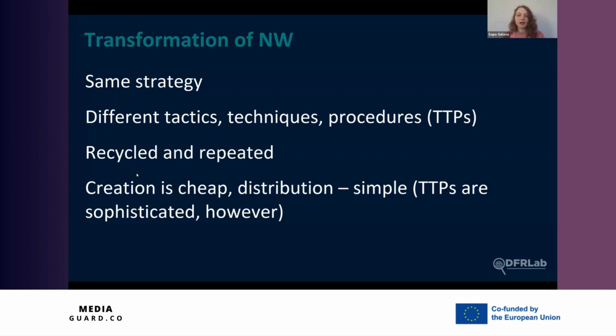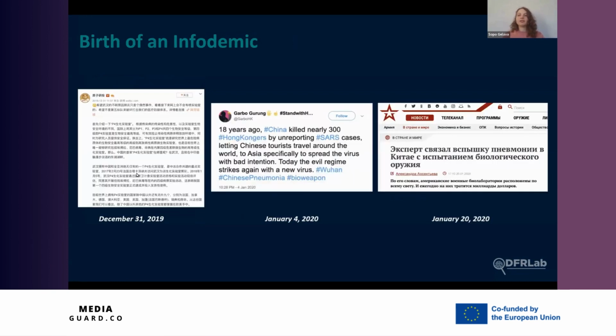So to compare this infection to the modern infodemic, which we call all this coordinated disinformation campaign from Russia targeting the West and the US.